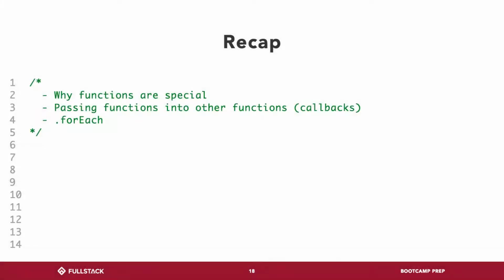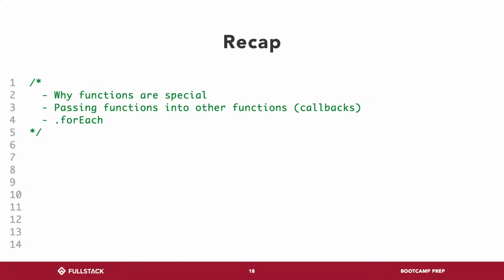That concludes an introduction to higher order functions. We talked a little bit about why functions are special. They're special because they are first class objects, just like first class values. Just like any other value, they can be passed into functions. They can be returned by functions. You can create them, pass them around, mutate them, whatever.